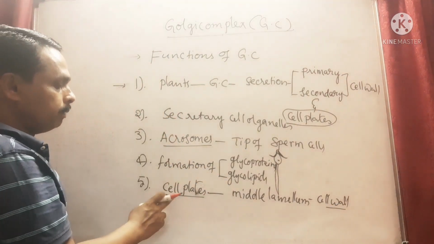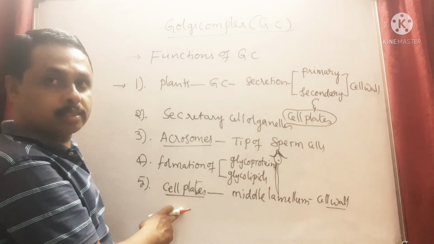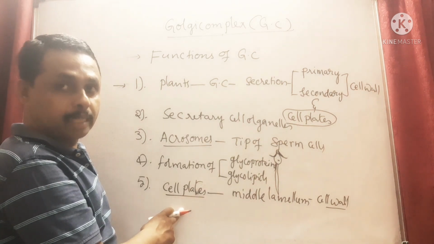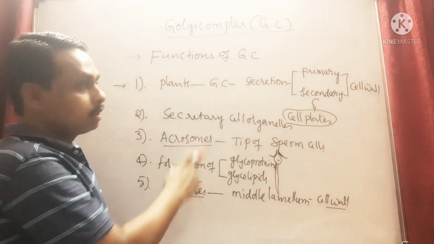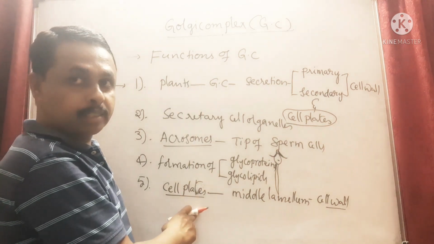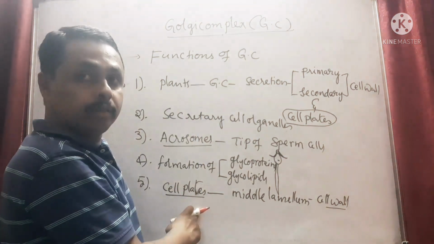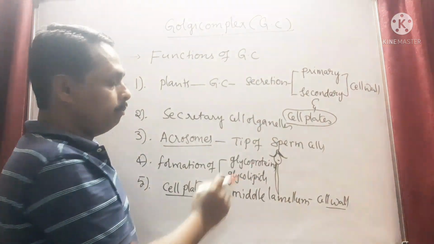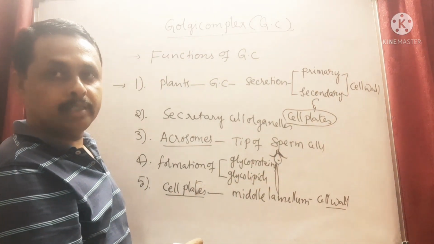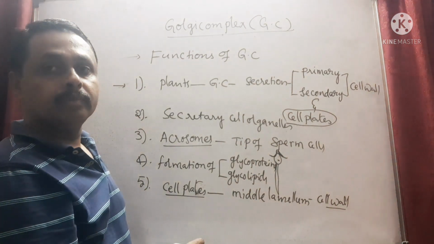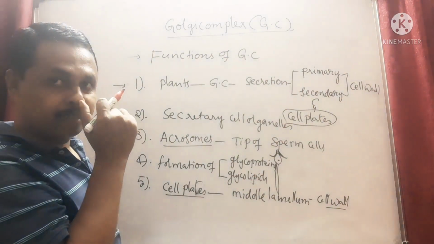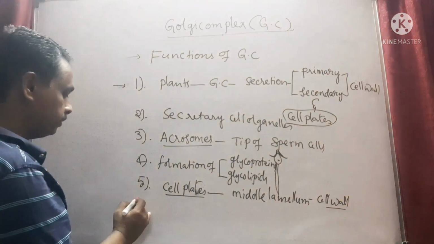That means the Golgi complex will secrete the cell plates during cell division. These are converted into middle lamella. Middle lamella is the first layer of the cell wall of plant cells. This is the fifth function.